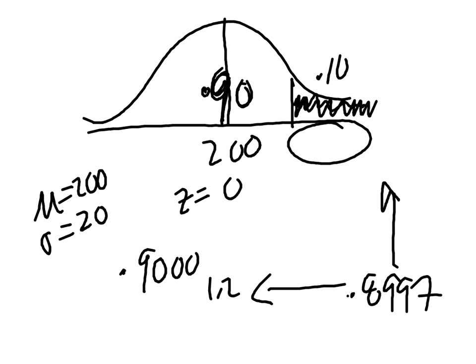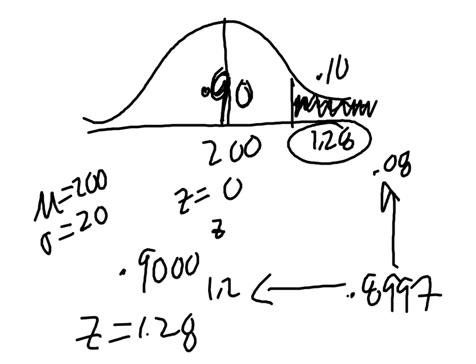We end up with 1.28 on the z column and 0.08 directly above it. So our z-value is 1.28. Well, the book has a little nicer organization than I do, but now we've got all the information that we need, and I'll plug it back in after I write the formula here.